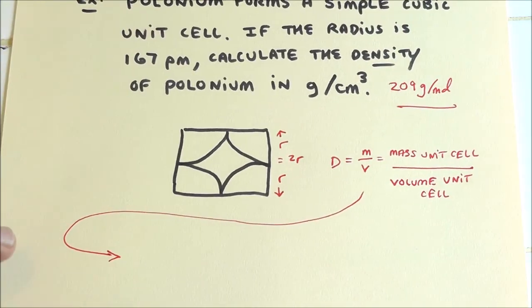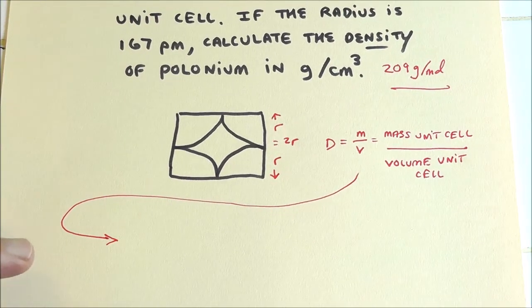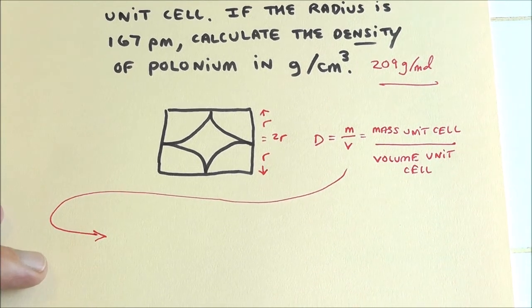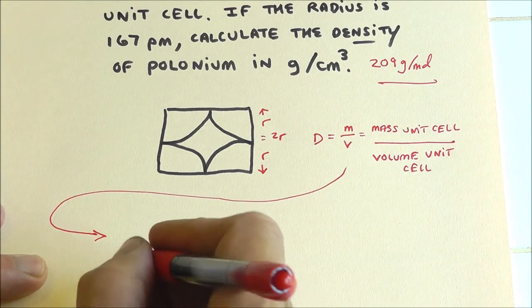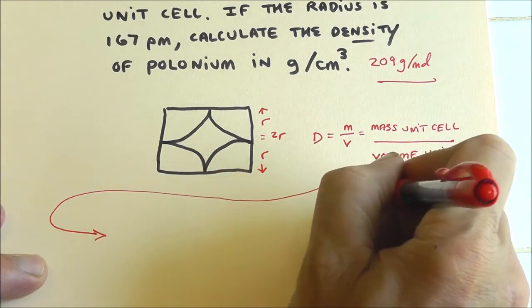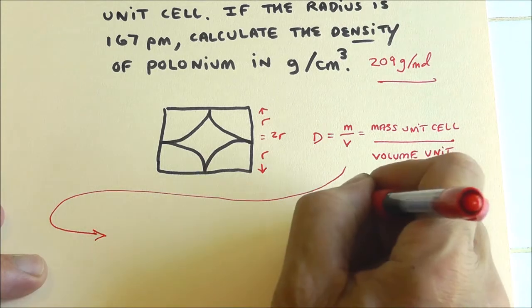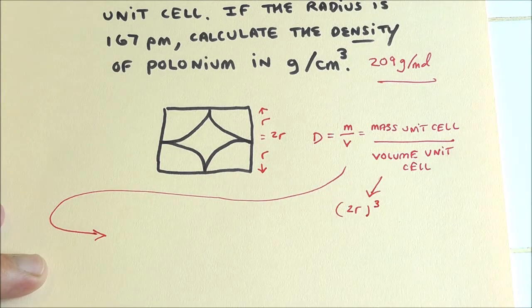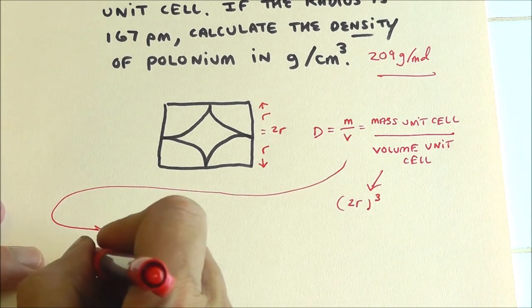I'm not going to solve this problem in its entirety. I'm going to get it started for you, and I'm going to join you next time. So that part is going to be 2r cubed. So let's start and figure out the mass first.